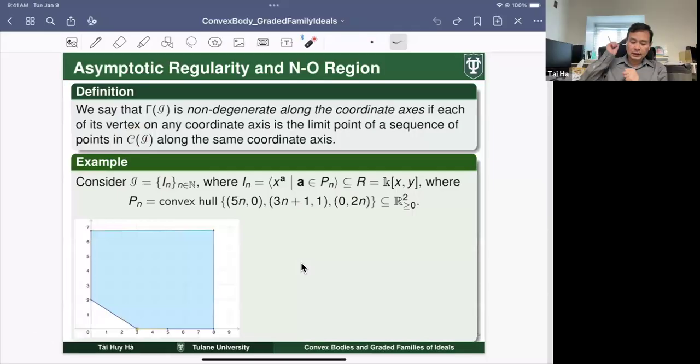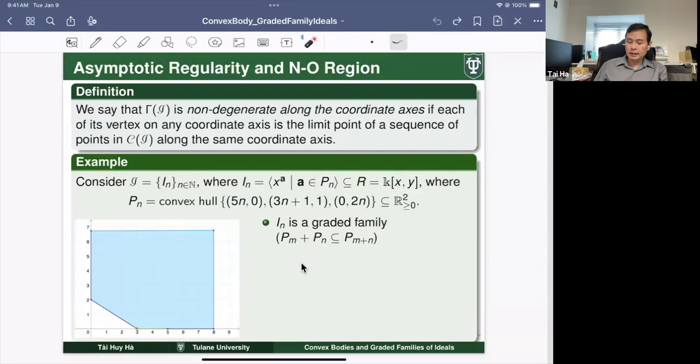So let me give you an example. This is an example where the Newton-Okounkov region is not non-degenerate along the coordinate axis. Here the nth element inside the family is given by the monomials whose exponents sit inside Pn, where Pn is just the convex hull of three points: (3n+1, 1), (0, 2n), and (3n, 0).